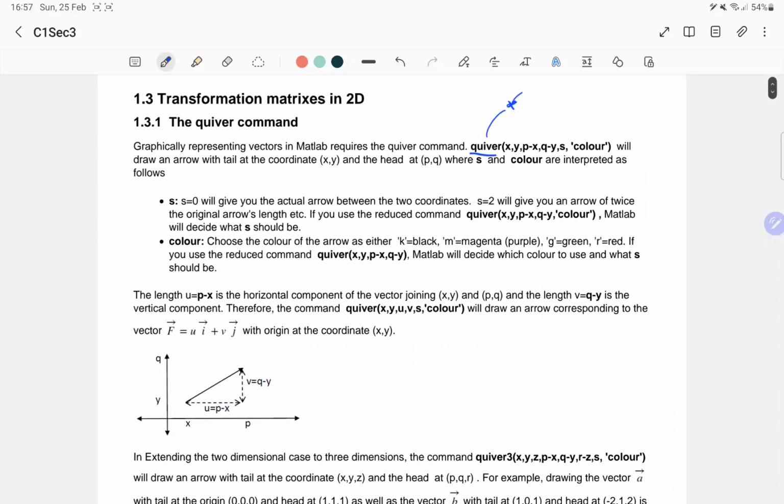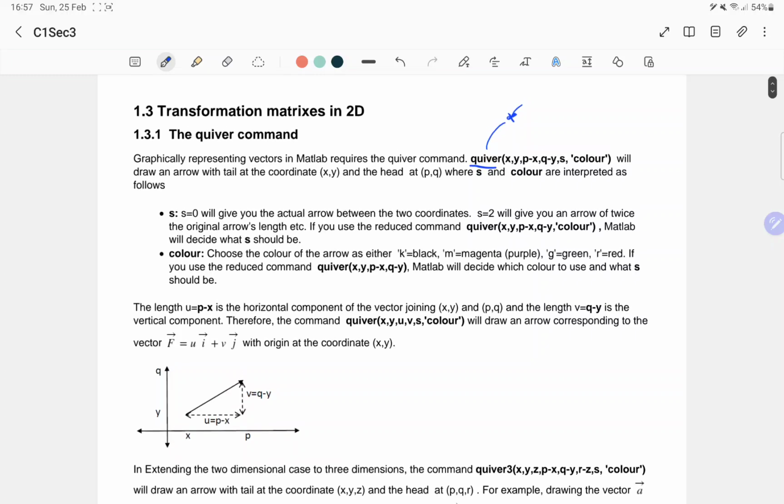So I have a command here, quiver. Inside it you have x, y, p minus x, q minus y, s, and this color. Here x and y are matrices of vectors specifying the coordinates of the points where arrows will be plotted.